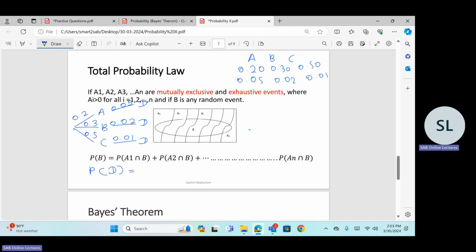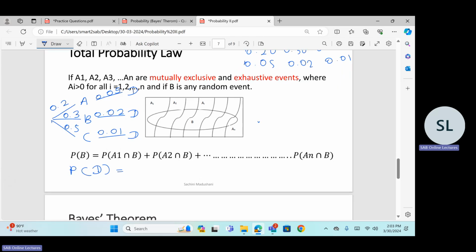Using machine A we can get a defective item, using machine B we can get a defective item, and using machine C we can get a defective. So we have three chances. The sum of these three events we call the probability of D. We write A intersection D, where we use machine A and get a defective item.